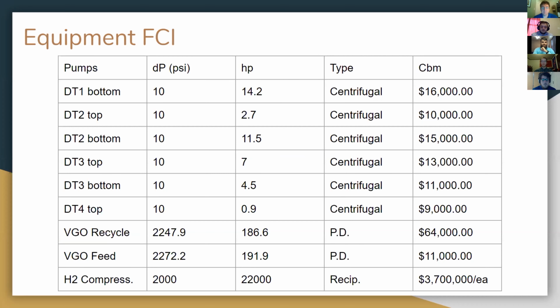And the H2 compressors are reciprocating compressors. We actually had to run an array of 10 because steam methane reformers come off at about 18 bar and we needed to pressurize it up to about 2200 PSI. So they were quite expensive. We had to run an array of 10 in parallel.